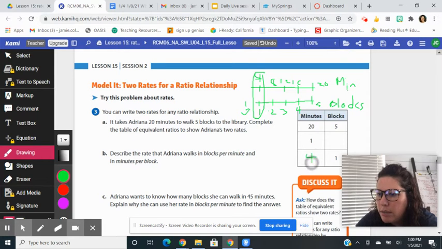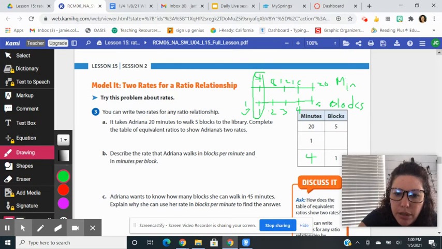So 4 is going to be my bottom number. But the question is, if they have 1 minute, how far are they going to go? Well, we're talking about the relationship of 4 because we did 5 times 4. So actually for this one, because we only have 1 minute, we're going to break this down a little bit more. Let me change the color, maybe you guys can see it better.